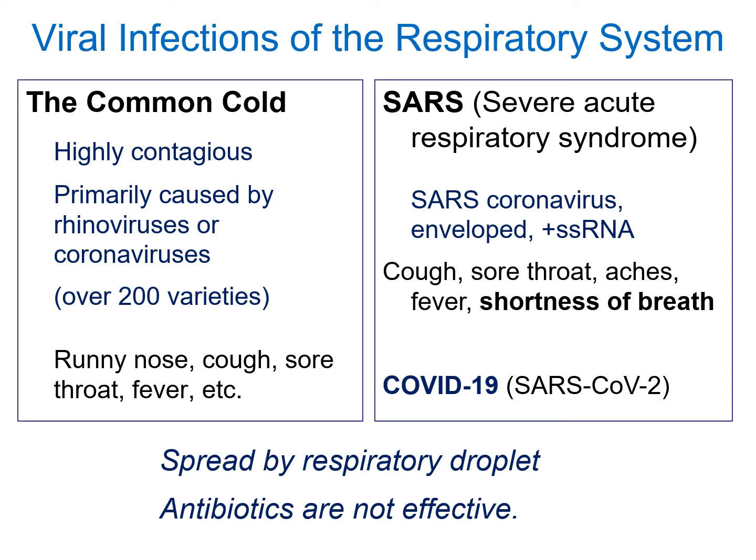SARS has a low pathogenicity in that it doesn't spread very readily, not nearly as readily as the common cold, which is highly contagious and thus has a high pathogenicity. But SARS is more virulent, meaning that if you do get it, it's more damaging.